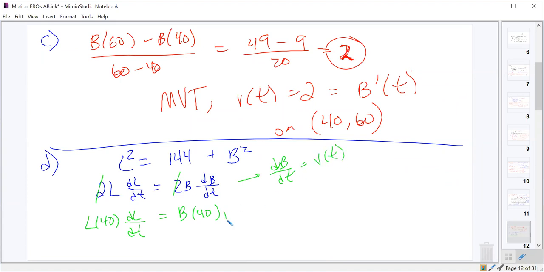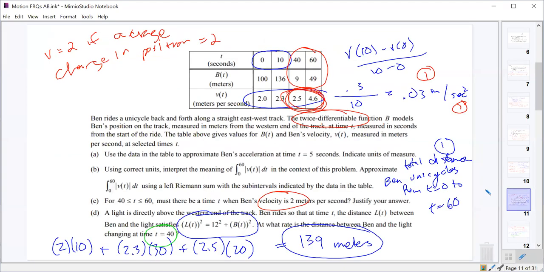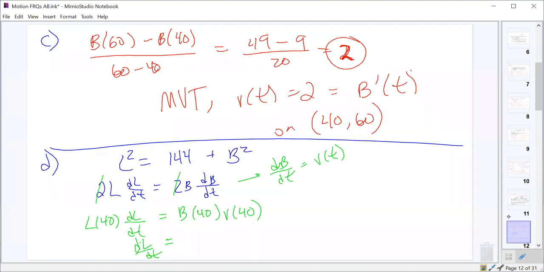That's the velocity. So this ought to be v of 40. And we should be able to plug in b of 40 and v of 40, no problem. b of 40 is 9, and v of 40 is 2.5.